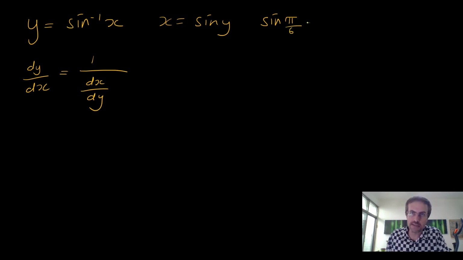That's 30 degrees, and the answer will be a half. And so you could say that the inverse sine of 1/2, for what value of sine do you get a half? And the answer is pi over 6.